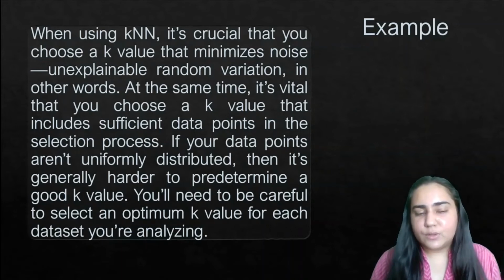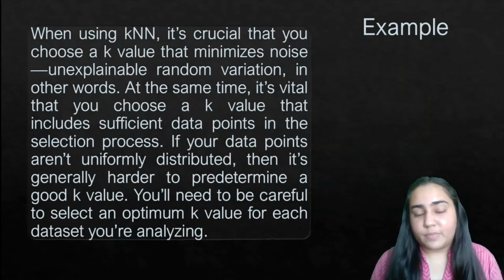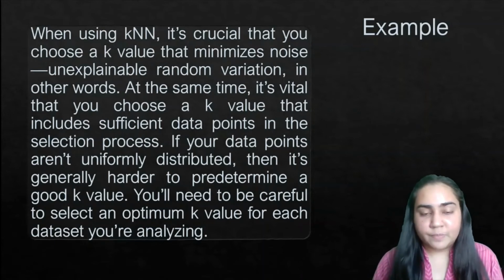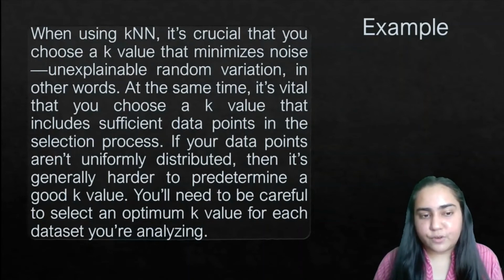But it shouldn't also be so small that while selecting the new query point, you have no choice but to select from the very few that you have picked. So if your data points aren't uniformly distributed, then it's generally harder to predetermine a good k value. You'll need to be careful to select an optimum k value for each data set that you're analyzing.